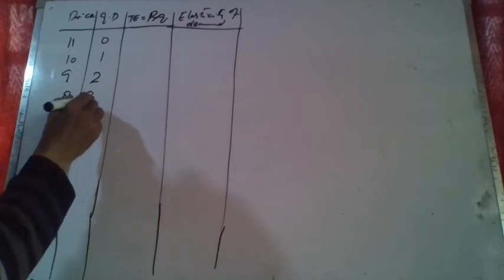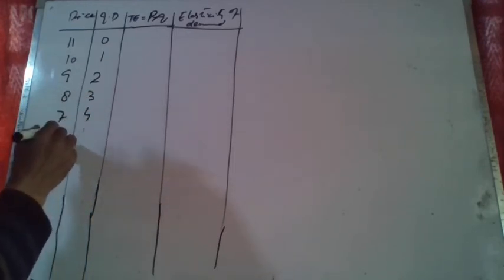For example, price is 11, quantity demanded is 0. Price is 10, quantity demanded is 1. Price is 9, quantity demanded 2. As price falls, quantity demanded rises. 8, 3; 7, 4; 6, 5; 5, 6; 4, 7; 3, 8; 2, 9; 1, 10; 0, 11.